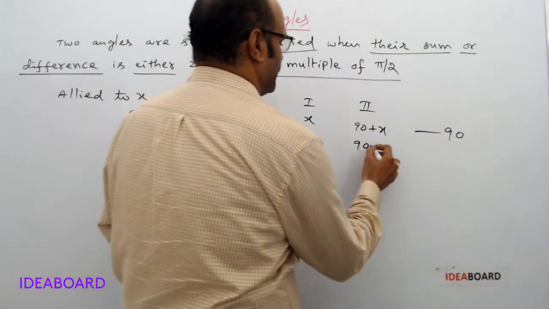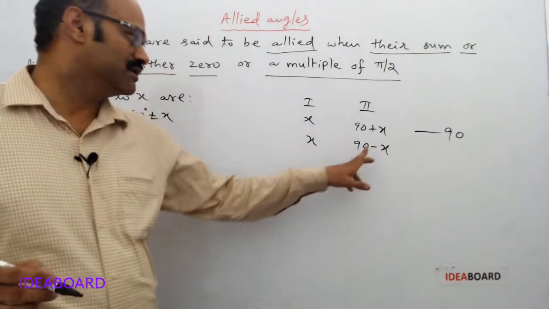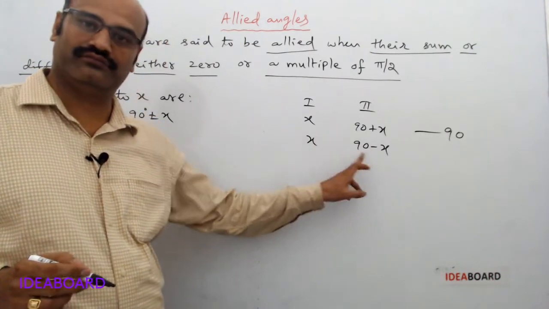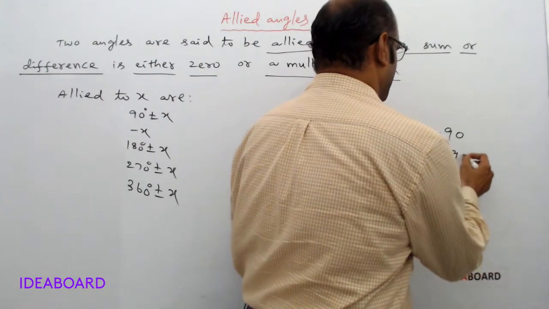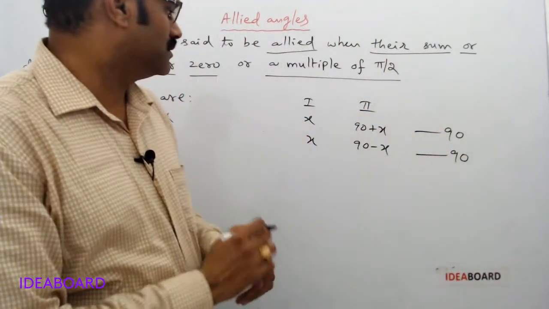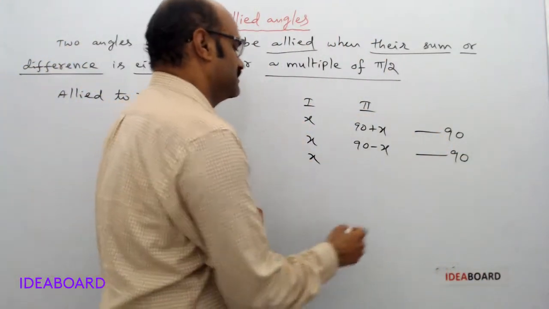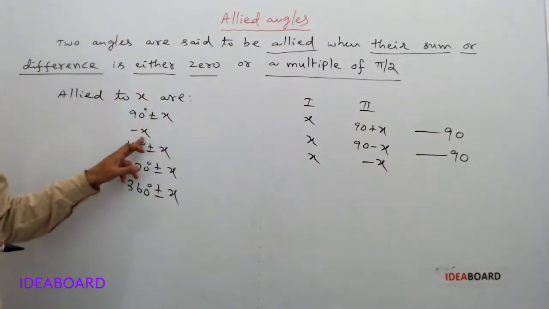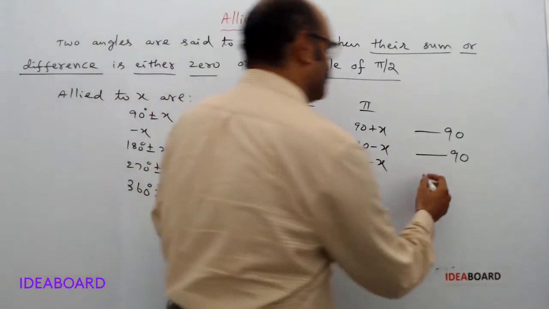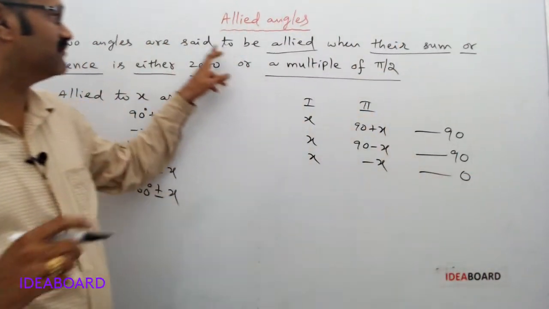Take x and 90 minus x. Take the sum of these two, so we get 90. Now take x and minus x. Minus x is allied to x. So the sum of these two is equal to 0. That is what we have in the definition.